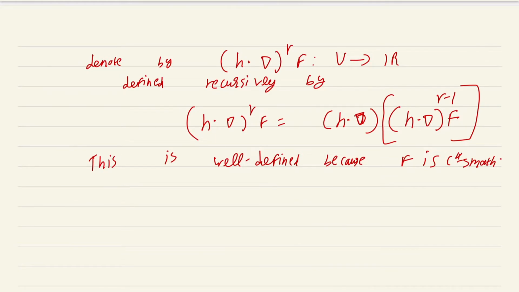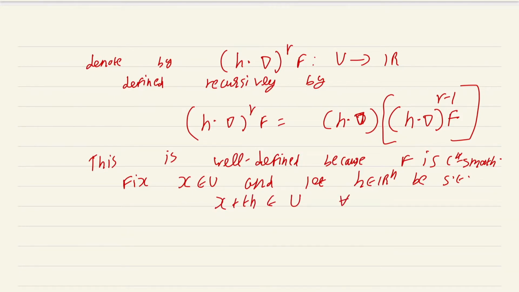Now, this was just set up for this technical lemma. Fix x in U and let h in R^n be such that x plus th is an element of U for all t belonging to the closed interval [0,1].